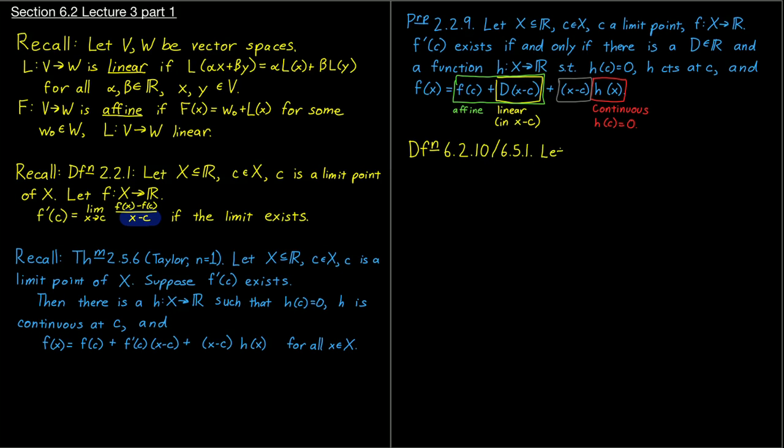So we start out with a subset, not of R anymore, but of Euclidean space RP. We grab a point in our set.